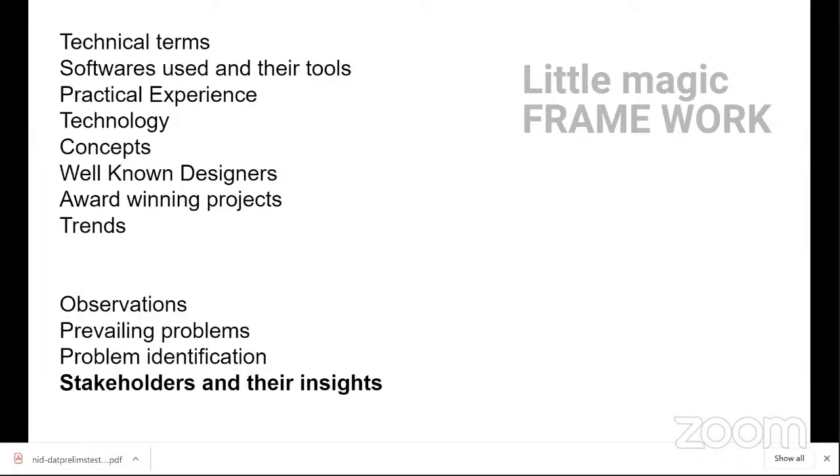Stakeholders are basically the people who are related to that particular problem. Can you think of stakeholders in the clip that I have shown you? Of course, it is the passengers. I'm trying to help you brainstorm to find out the various stakeholders. Who else can be the stakeholders in that context?